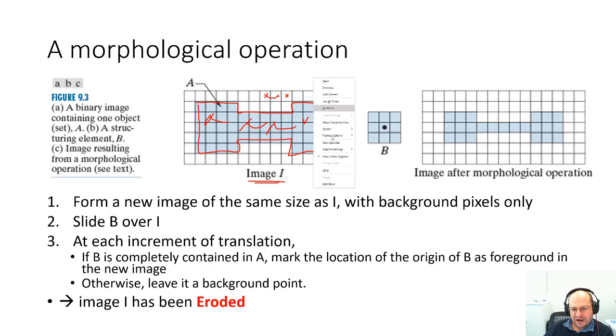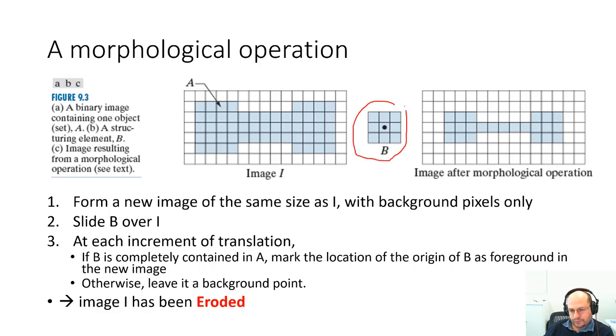This is the structuring element. For the morphological operation, we slide the structuring element through the image. Slide means just moving the structuring element on top of this image.